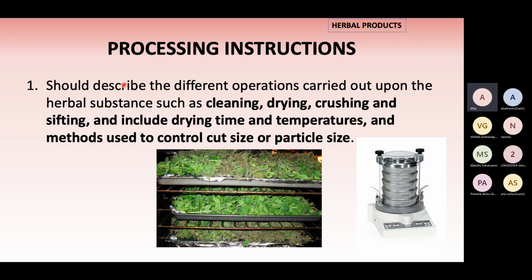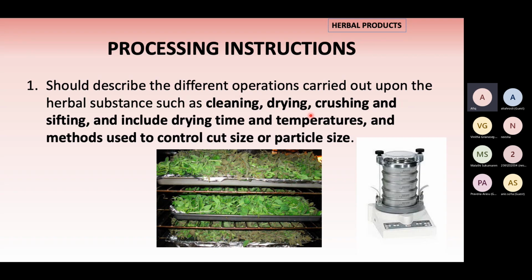So here are the processing instructions for herbal products. It should describe the different operations carried out upon the herbal substance, such as cleaning. So here in the image, you see a leaf of a plant, I think.